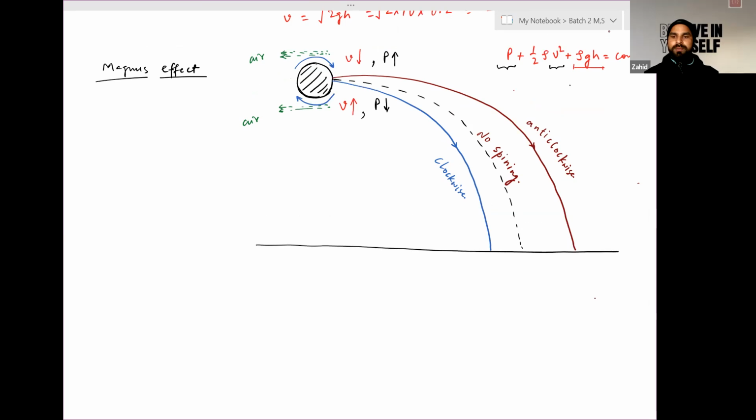Now let me define an experiment. Suppose you take a paper like this, and enfold it from the bottom side like this. Now just blow air on this particular path along this direction. In which direction does this enfolded part move? In downward direction or in upward direction? Samira?